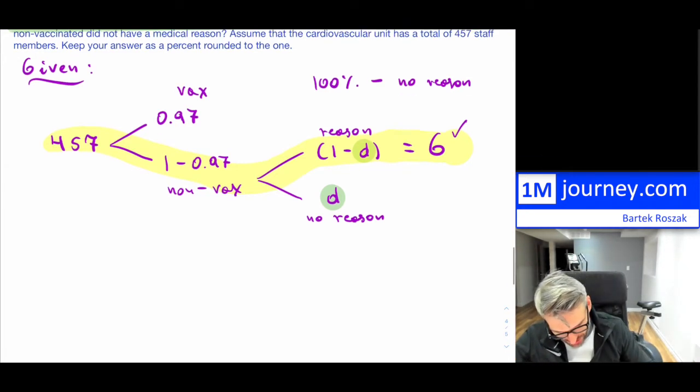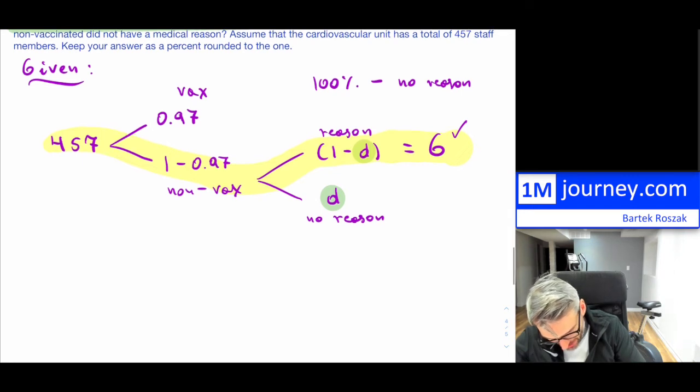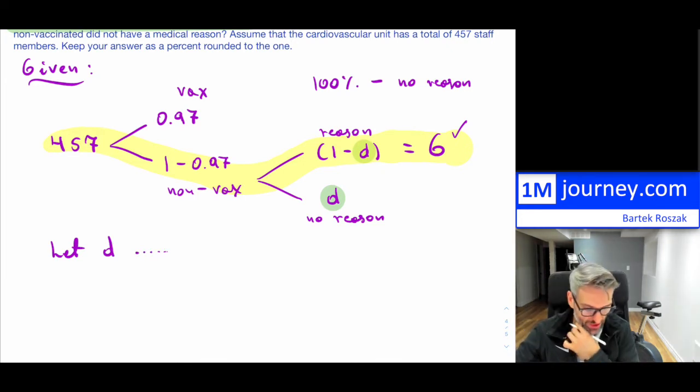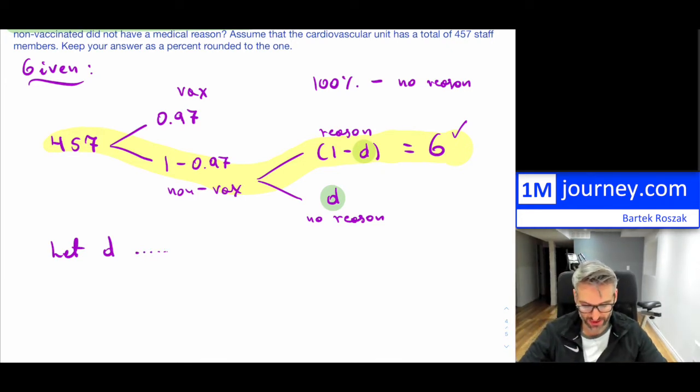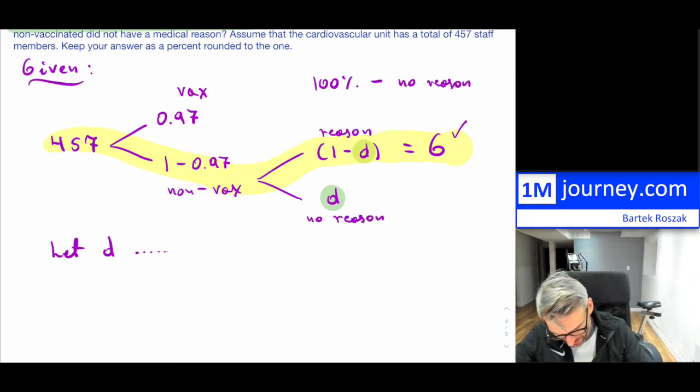So in terms of setting this up, you can still put "let D" and tell your teachers what you are trying to solve for. So D is going to be the percent of the non-vaccinated staff members that had no reason. So you can do that there, and then I'm going to write this out.